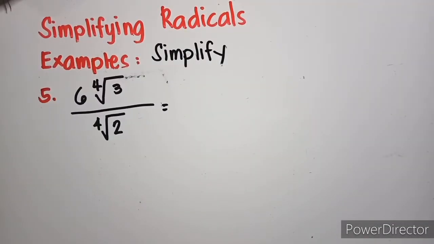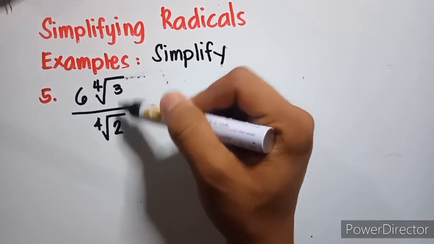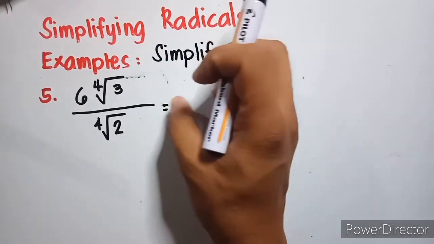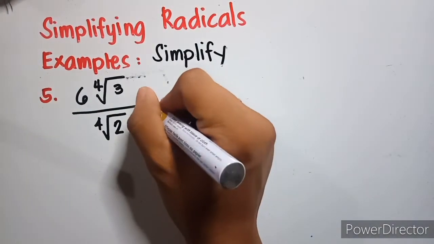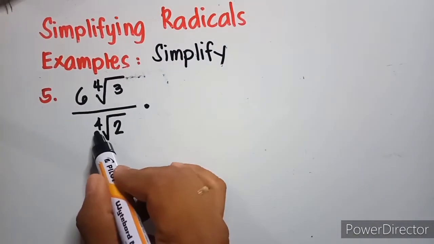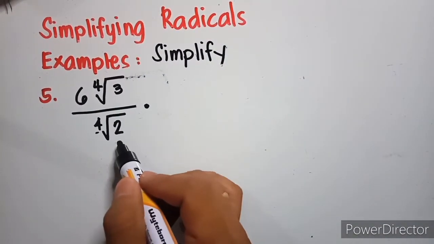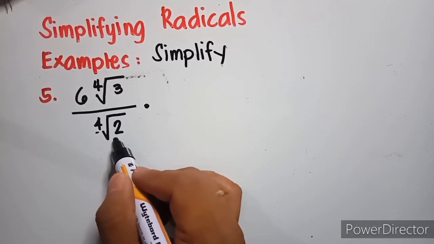Example number 5. 6 fourth root of 3 divided by fourth root of 2. So, dito, hindi naman natin kayang i-divide si 3 at saka si 2. So, automatic ay ating gawin na ang rationalization process. So, ang ating index ay 4. So, ang ating radicand ay 2.